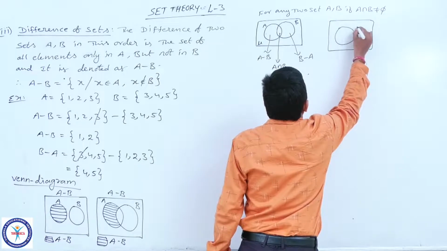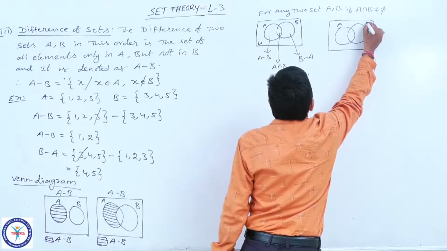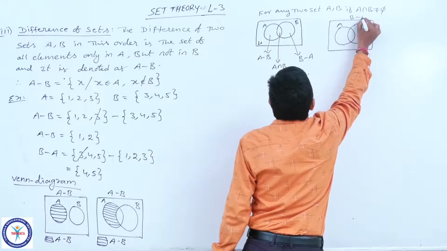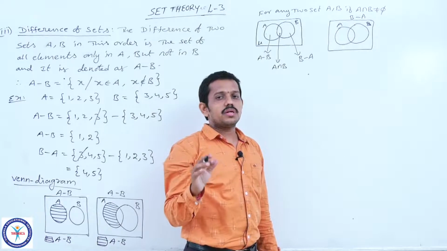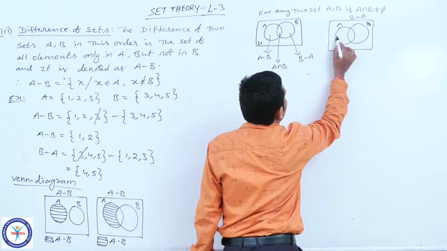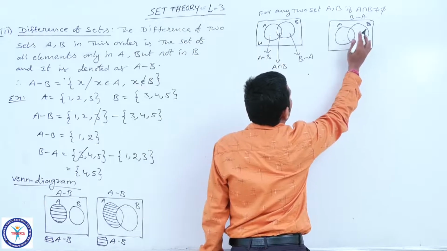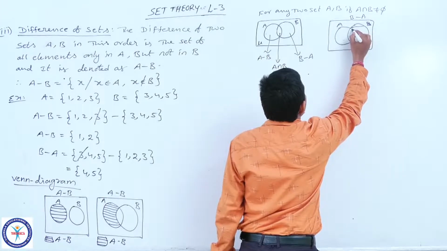Take set A and set B, then B minus A is the region belonging only to set B but not to set A. Here this is the set A region, so we consider only the region belonging to only set B, this is the region.